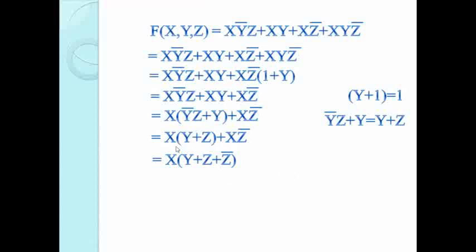Again, take x common from those terms: x(y plus z plus z bar), and you know z plus z bar is 1. So x into (y plus 1), and again y plus 1 is 1. So x into 1 means x.